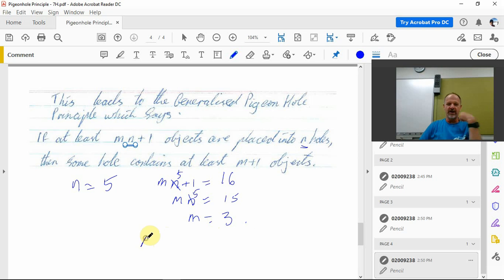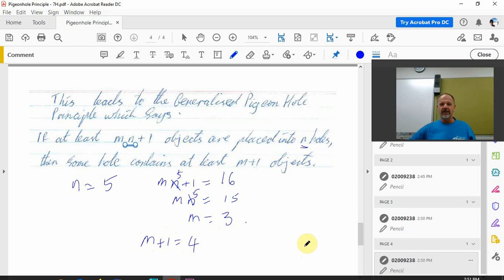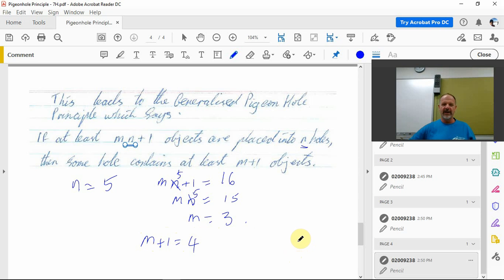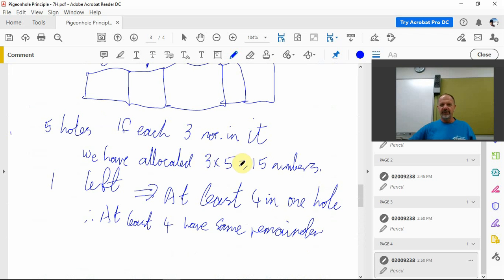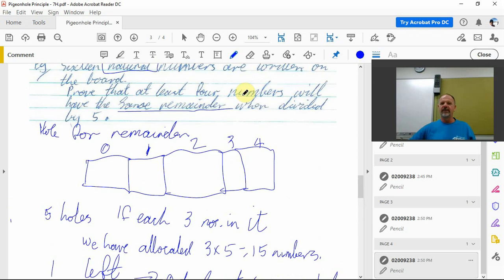So m plus 1 equals 4 objects. So you can see that that applies to the example that we had above. 3 times 5, m times n, one more than that, which is 4, so at least 4.